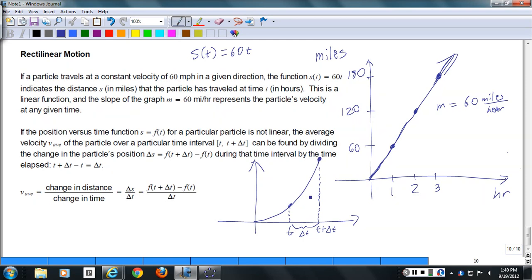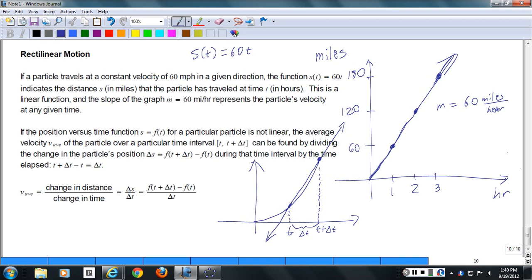If we look at the slope of the secant line, we've kind of been there and done that, talked about slopes of secant lines. This would be the average rate of change of the position of that particle on that time interval, so that would be the average velocity.